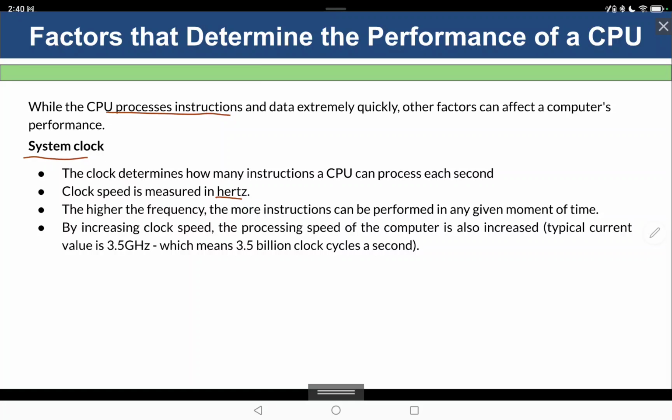The higher the clock speed or frequency, the more instructions the system can perform. A typical computer would be able to perform 3.5 billion clock cycles per second. So when we increase that, the system will be able to perform at higher speed.